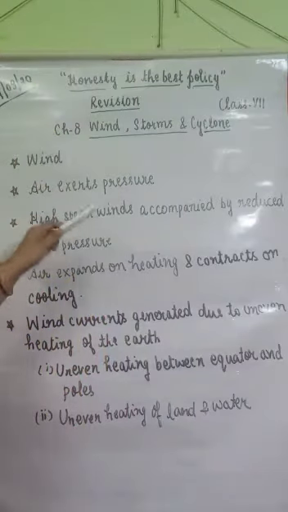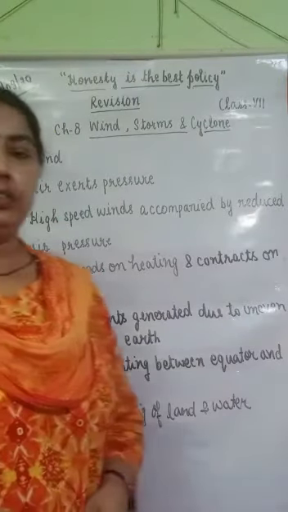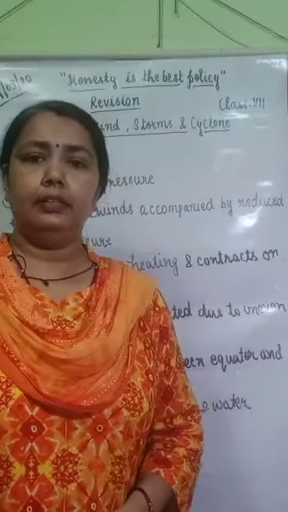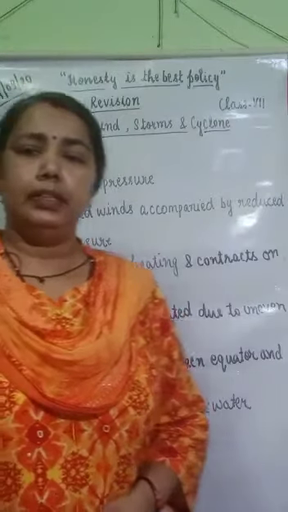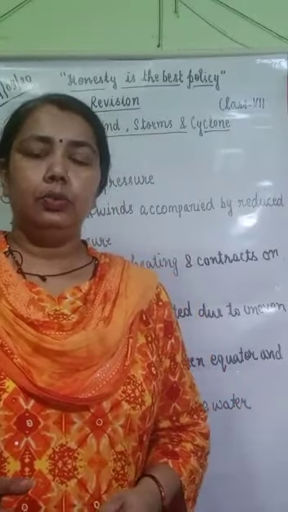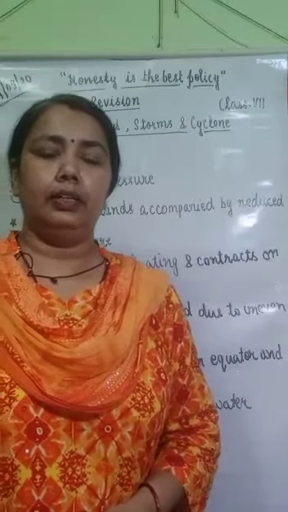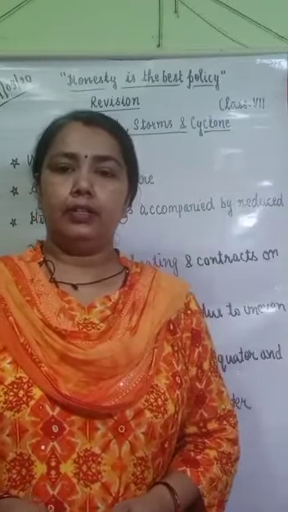Next, air exerts pressure. Air has weight and exerts pressure, and the pressure exerted by air is known as atmospheric pressure. You have experienced that it is much easier to ride a bicycle in the direction of wind blowing than in the opposite direction of wind.